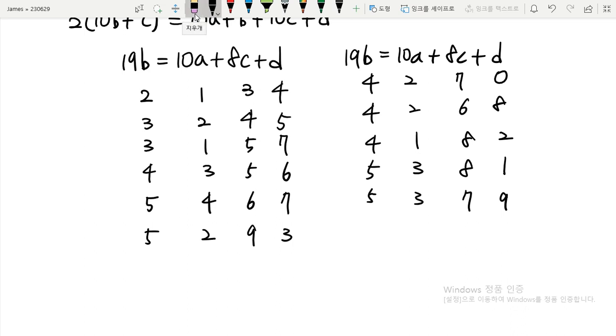So let's increase the value of B to 6, and A starts from 5. Now what's the value of C and D?